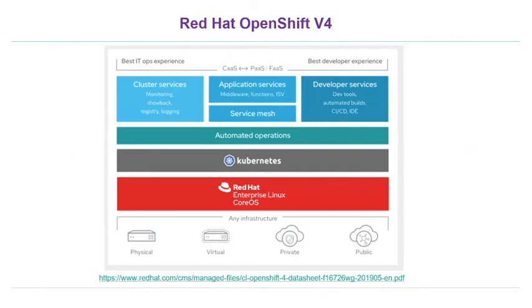You can deploy it, and on top of that you have automated operations with cluster services, application services, and developer services. That's the value of having it all put together as an enterprise Kubernetes environment, and that's called OpenShift version 4.